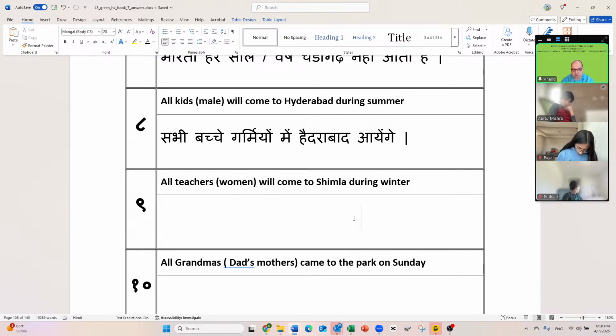And सब बच्चे और सभी बच्चे, both of them are fine.